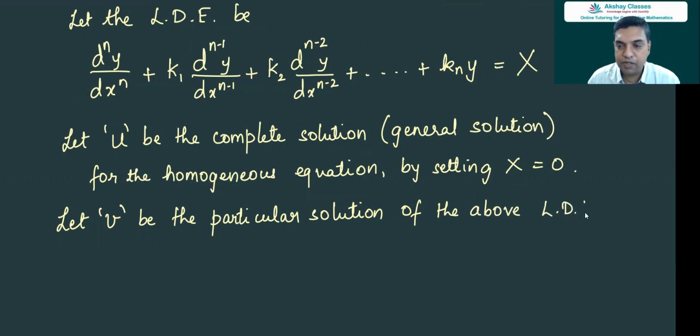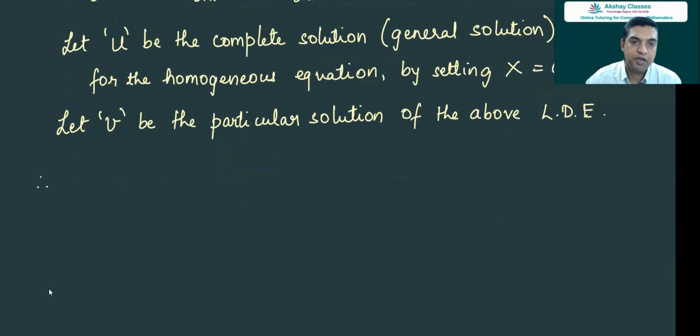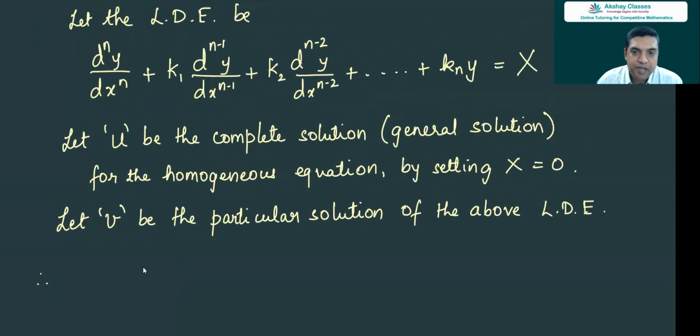Okay, therefore, you see what happens. u is a complete solution, so we can write, replace y by u, we get this.